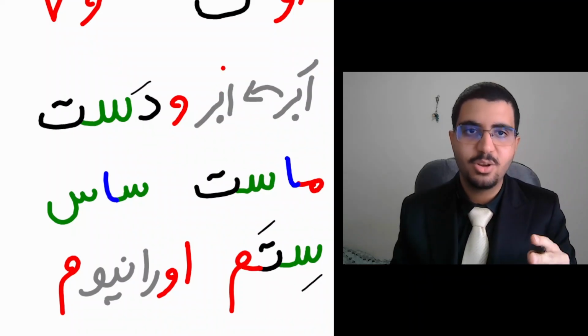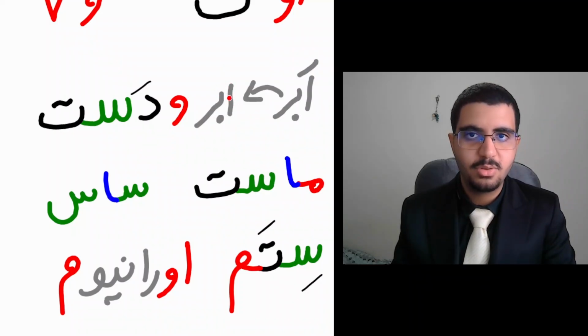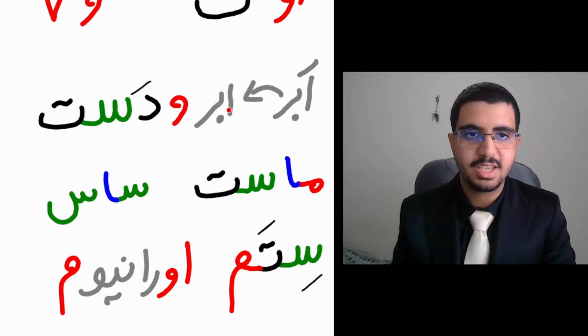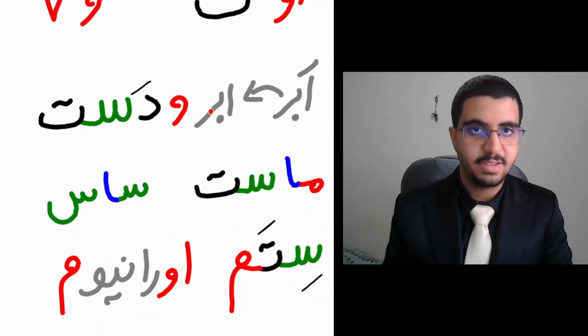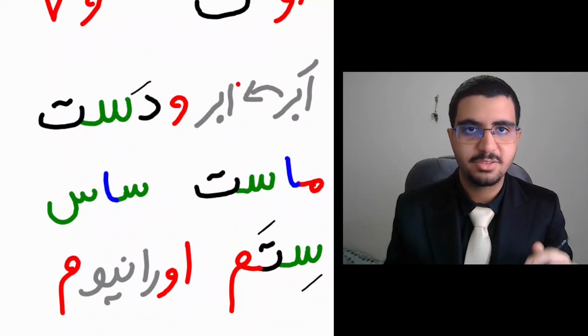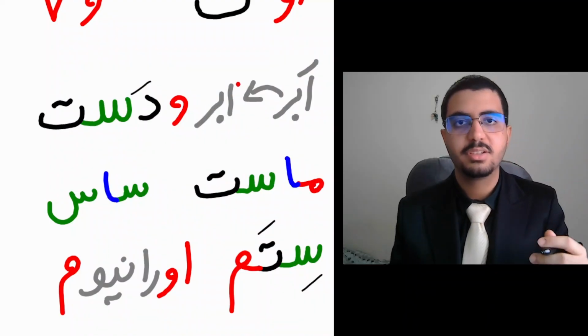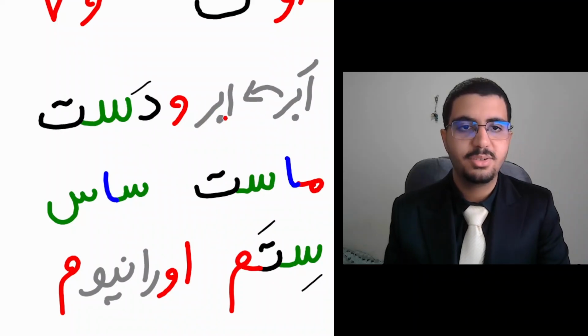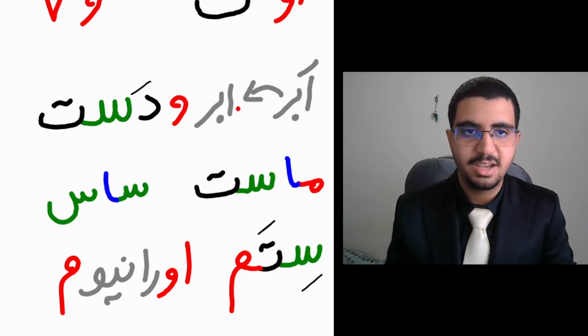And a, e, o that comes onto o, yes, in this book it shows the vowels, but usually we just count it as alif or just a. Because a itself is a vowel, and whenever another vowel comes up to it, it changes the sound, but still it counts as alif. So it is ab, and we write it down like this.